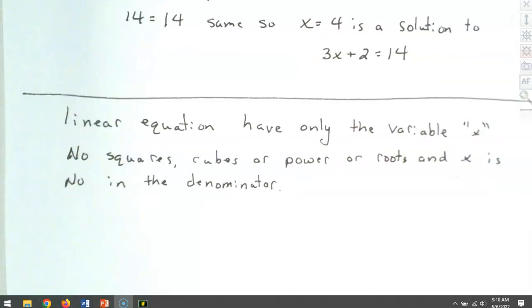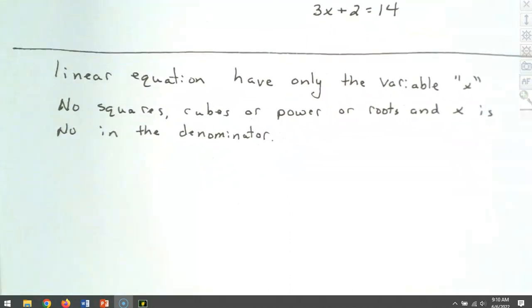Now, what we're going to be looking at today is linear. Next week, we're going to be looking at nonlinear. And if you kind of remember your intermediate algebra course, at the very end of it, we talked about factoring. Right? Remember factoring and working with those polynomials? Those are nonlinear. Okay? Anytime you have a square, you have a cube, you have any power or a root, that's nonlinear. So linear equations are the equations we've already solved, the ones that we're very familiar with.